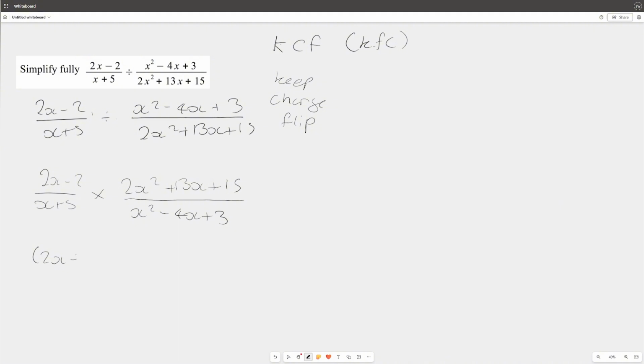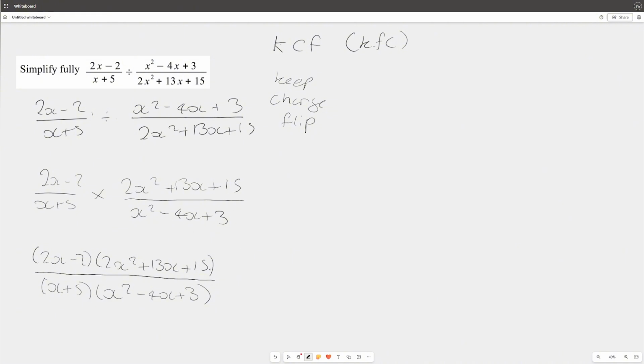So we can have (2x minus 2)(2x squared plus 13x plus 15) all over (x plus 5)(x squared minus 4x plus 3). It looks slightly nicer than it did before. Granted, it is still quite long, but there's less going on than there was previously.